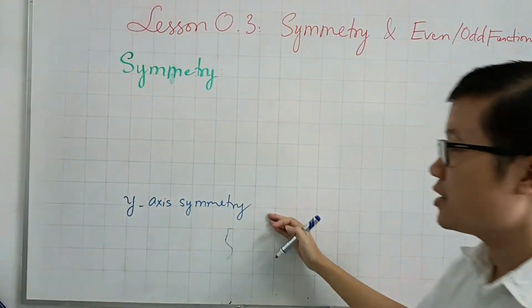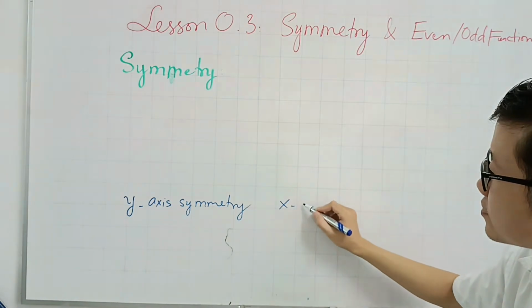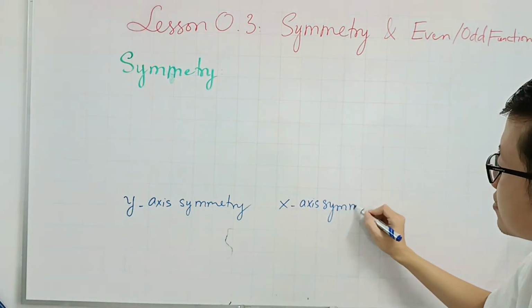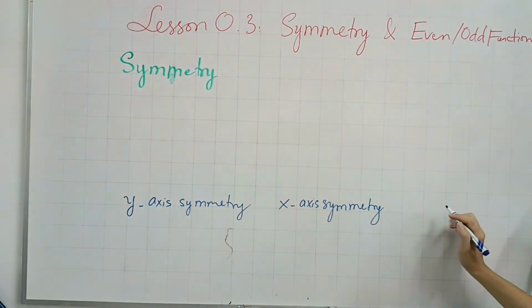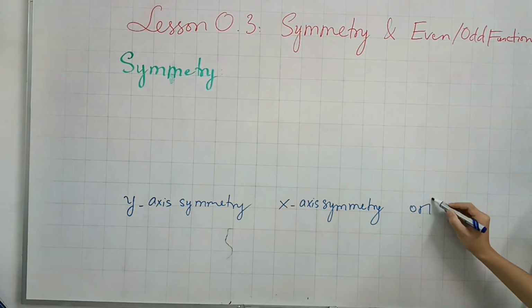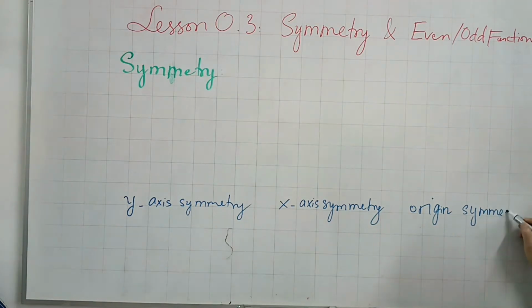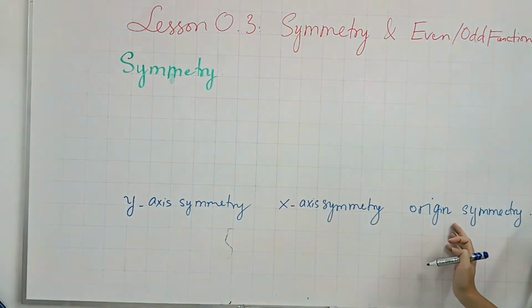The second one is x-axis symmetry. And the last one is origin symmetry.